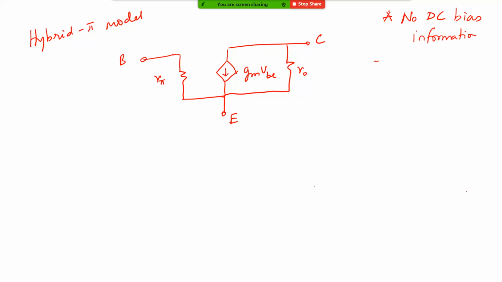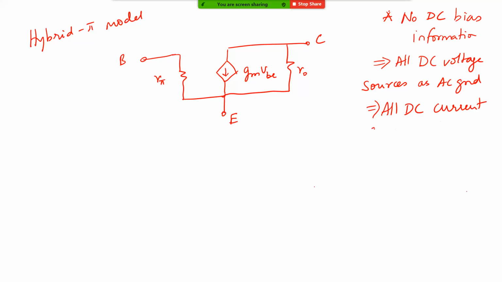So basically it means that all DC voltage sources are considered as AC ground, and all DC current sources to be open. Okay, so this is the convention that we will follow.